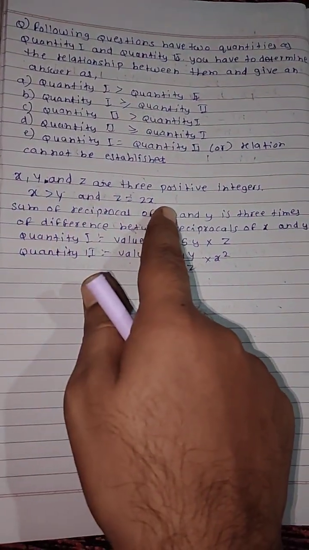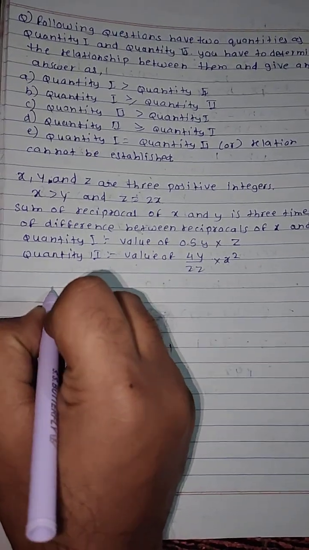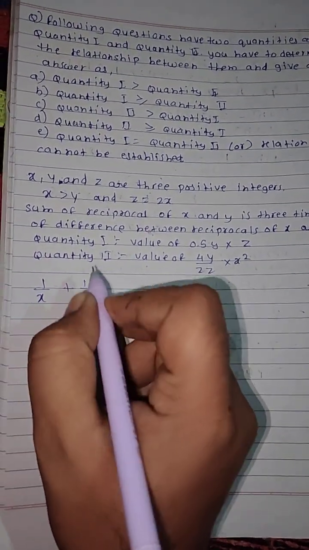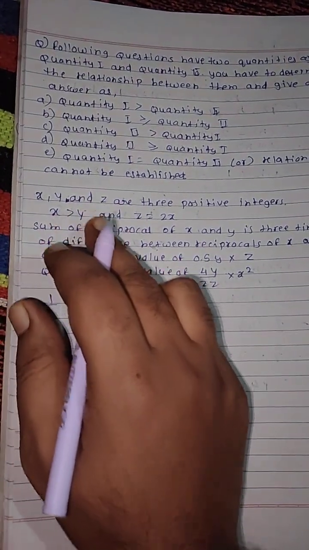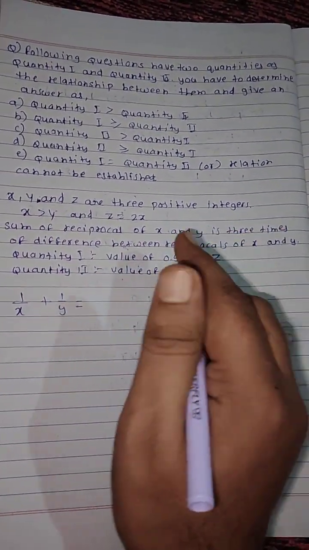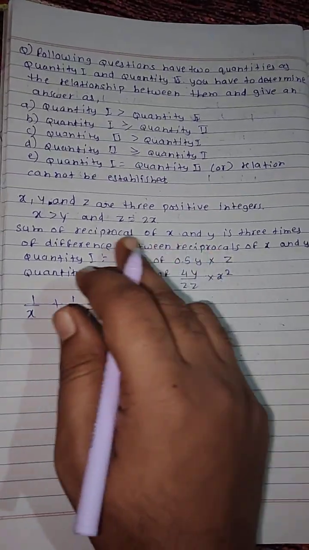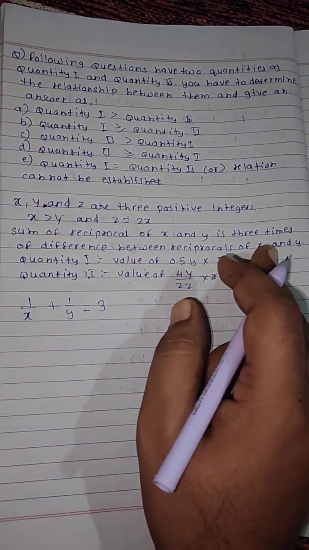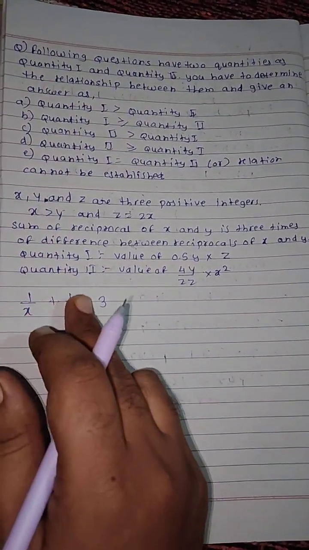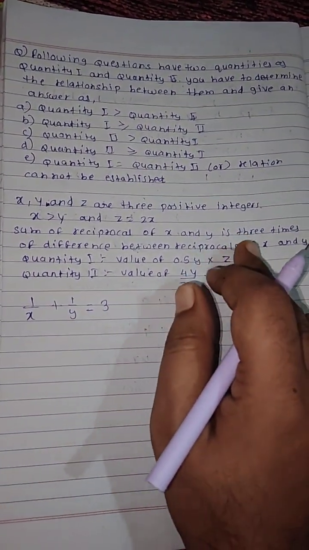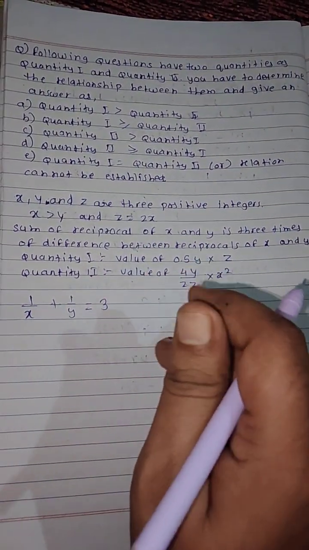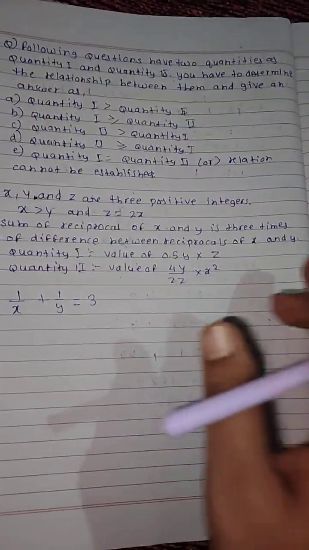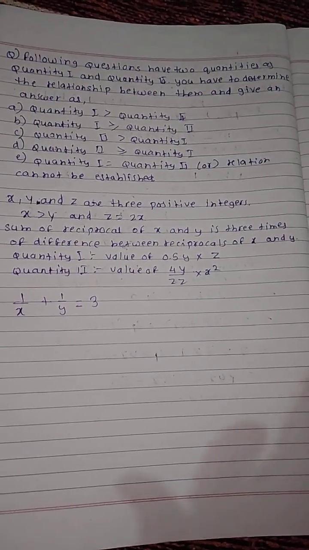So the sum of the reciprocals of x and y is 3 times the difference between the reciprocals of x and y. So the difference can be 1 by x minus 1 by y, or 1 by y minus 1 by x.